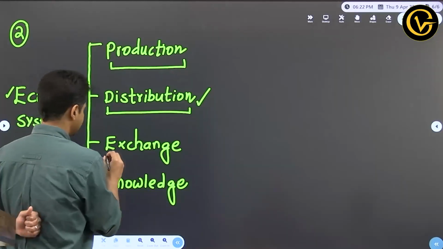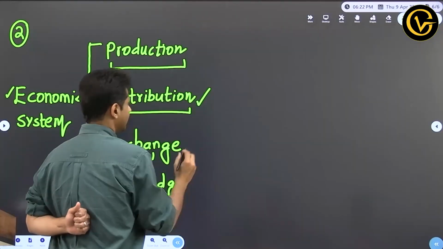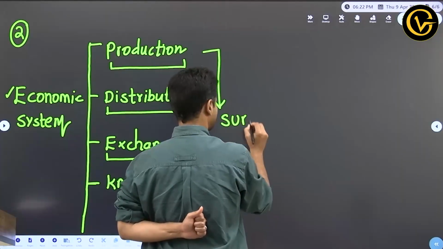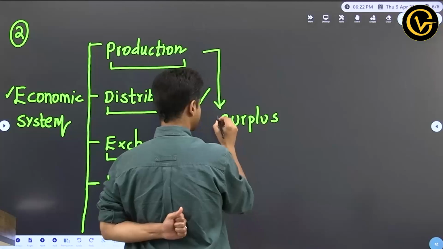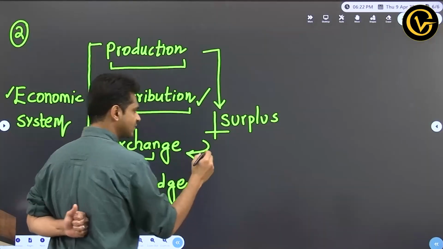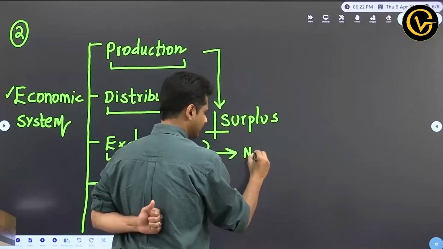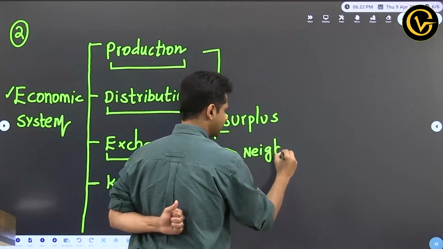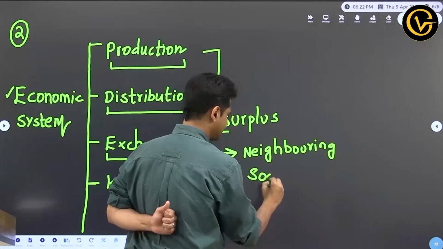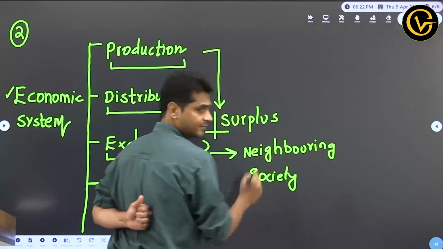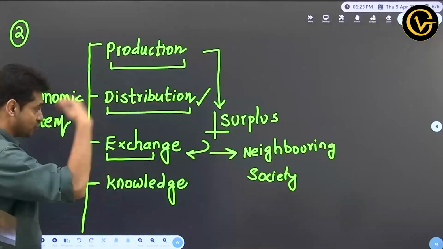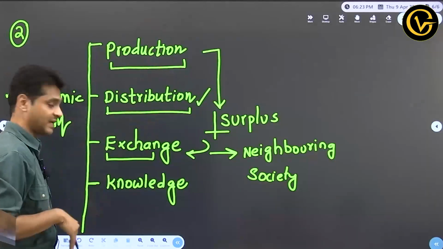Then, if there is surplus production, they may want to exchange it with the neighboring society. Will you agree with me? There will be production. There will be distribution within the society. If they produce surplus, they would want to exchange it with the neighboring society.